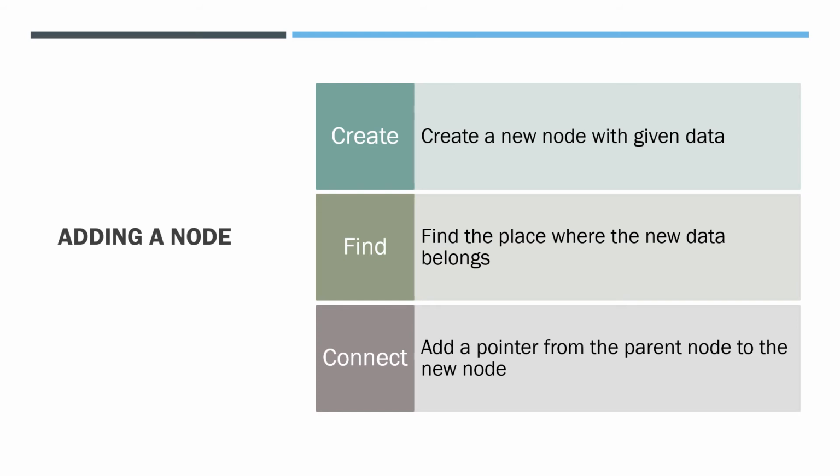With some kinds of trees, there are even stricter rules about where you can add data. We'll come to that later. And then finally, we've got to add a pointer to link the parent node to the child node. So it's more work than adding an item to a linked list or a queue or whatever.